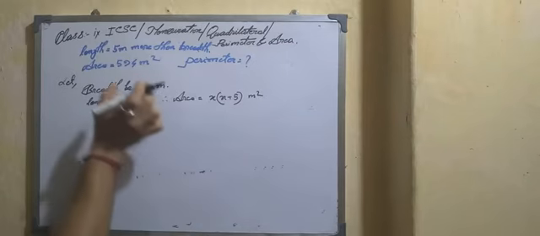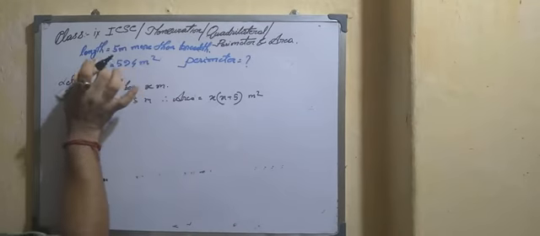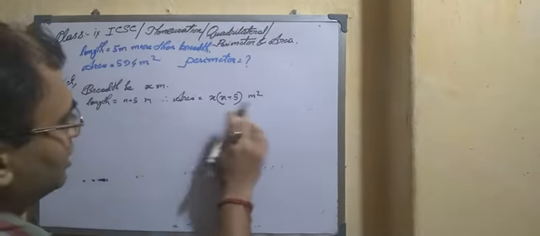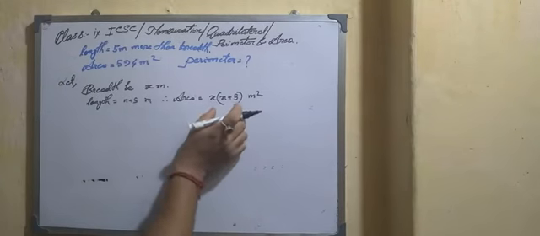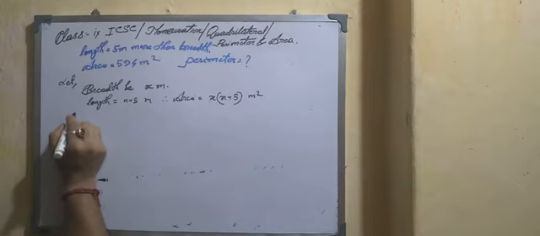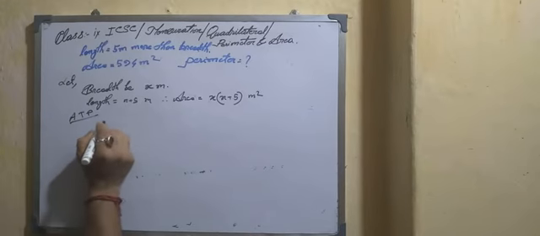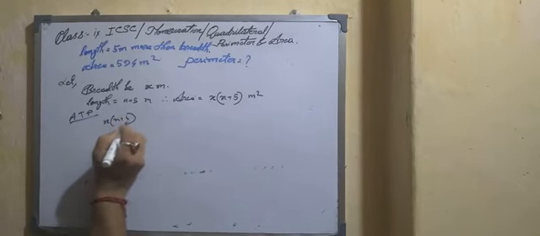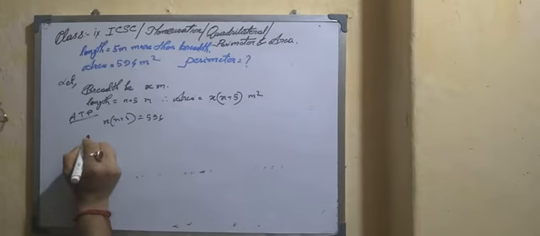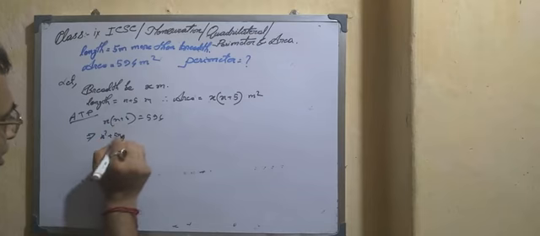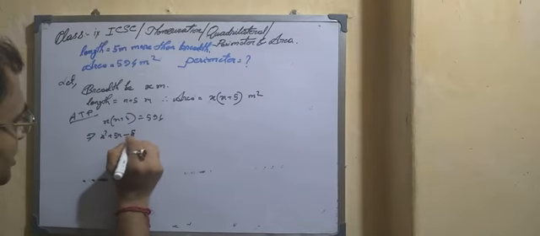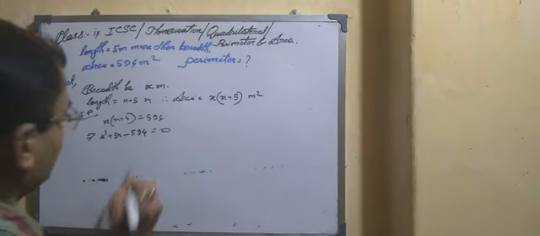It is given that area equal to 594, so according to the problem, x into x plus 5 equal to 594. Therefore x square plus 5x minus 594 equal to 0.